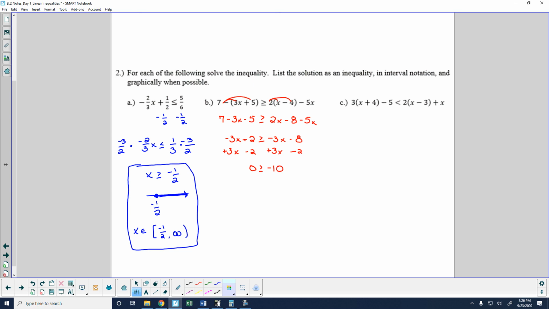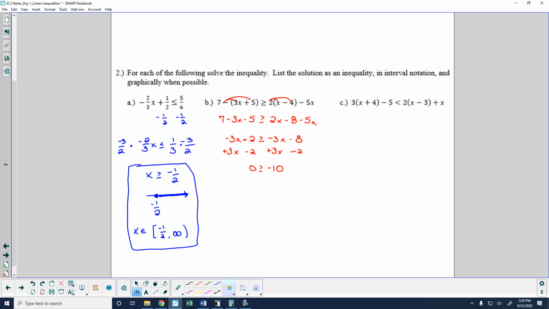Now, this doesn't give me a single value for x, but look at that statement. That statement is true. 0 is greater than or equal to negative 10. What this tells me, when I come down to a statement, in the previous target, we found some statements that were false. It might say 0 is equal to negative 8, which is not true, and so we said there's no solution.